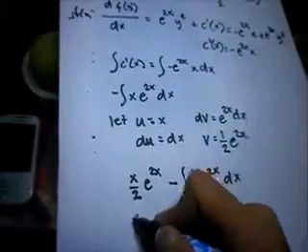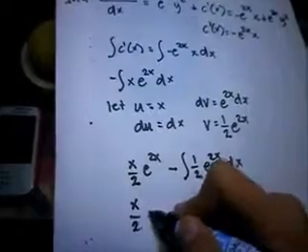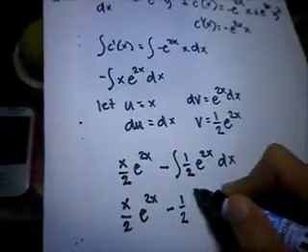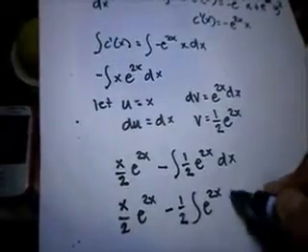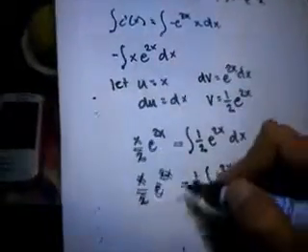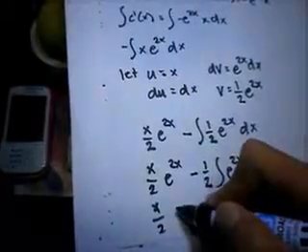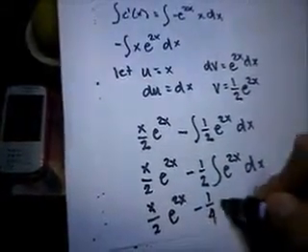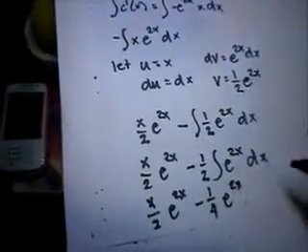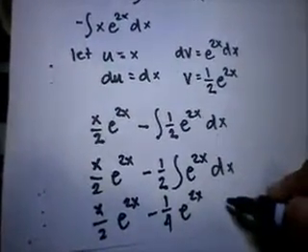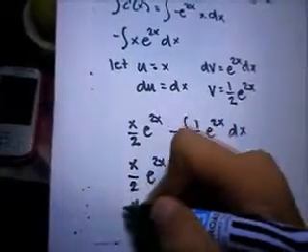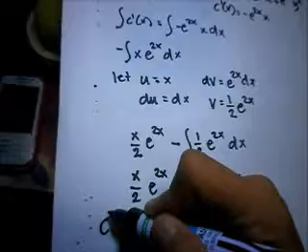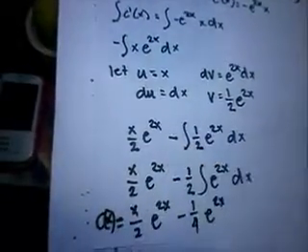So we have here x over 2 e to the 2x minus 1/2 integral of e to the 2x dx, and we get x over 2 e to the 2x minus 1/4 e to the 2x, plus c. Or simply this is our value for c of x.